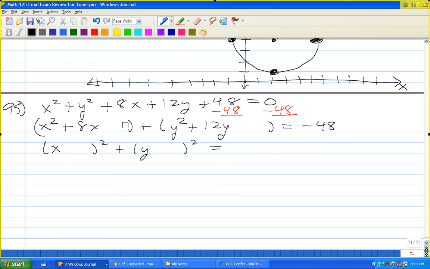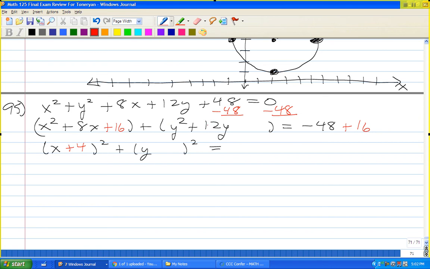Since what's inside the parentheses is a monic quadratic, to complete the square, I'll just do 8 divided by 2, 4 squared, 16. Add 16 to the other side of my equation. Again, what's inside the parentheses is a monic quadratic.